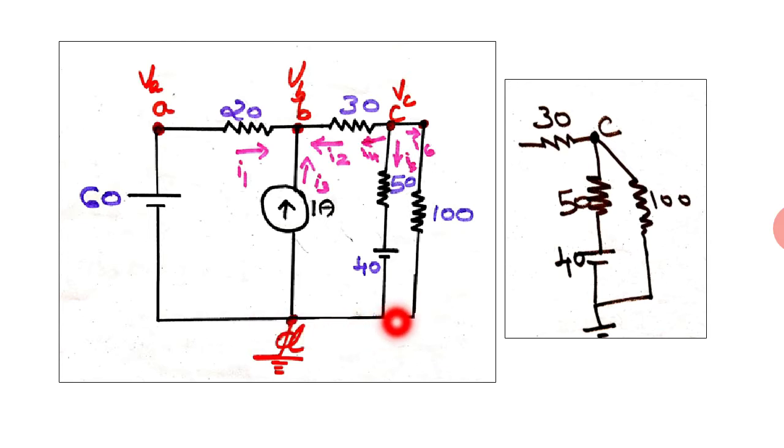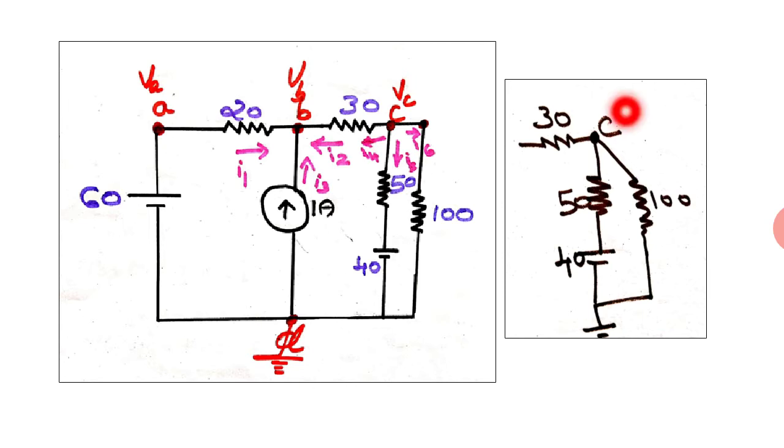So we are considering node D as the reference node, where VD is equal to 0.